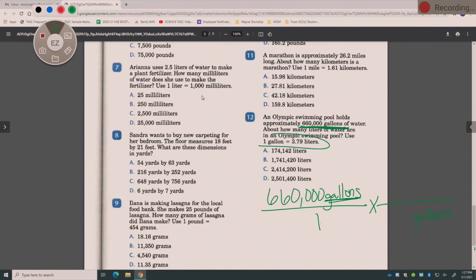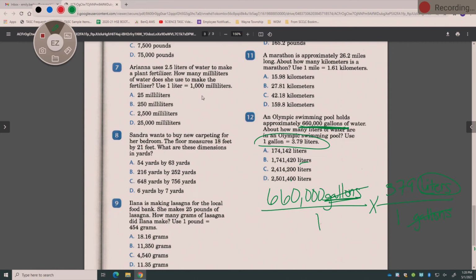And they tell me that 1 gallon equals 3.79 liters. And I want my answer to be in liters, right? So if these guys cancel each other out, liters is what I have left. So this is the only conversion I need to do.